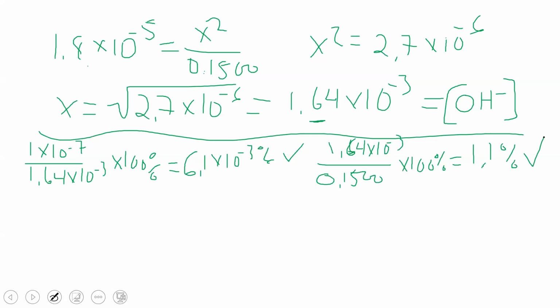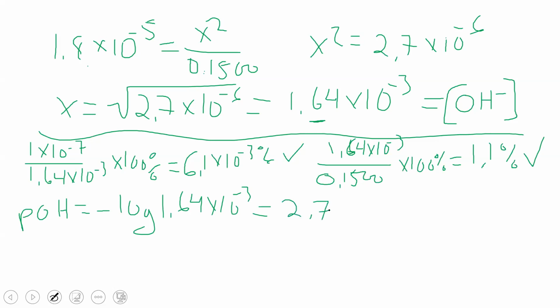And we can go and figure out the pOH, right? Negative log of 1.64 times 10 to the minus 3, which gives us a pOH of 2.785, where we have significant figures to the second place after the decimal. That's not right.